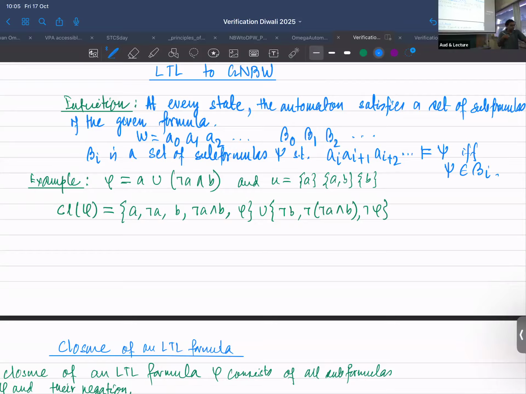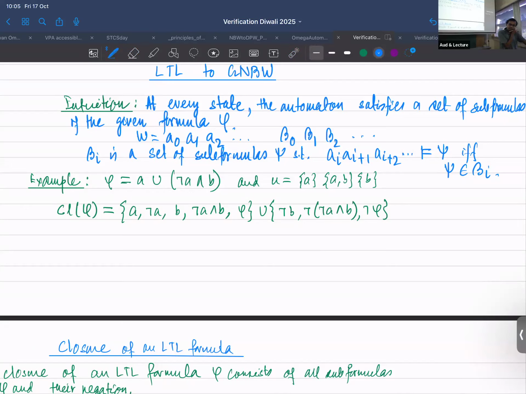Okay, so these are the states of the automaton. It's actually a collection of sets of such subformulas which are there in the given formula, let's say phi.